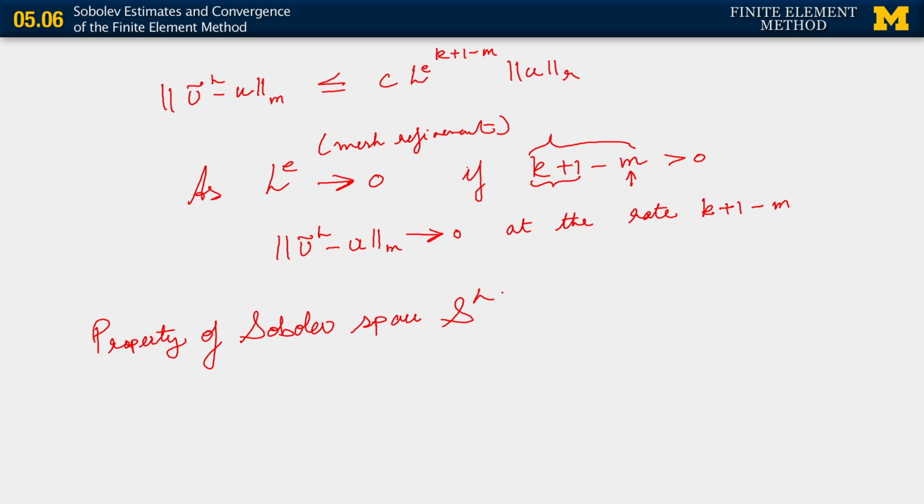And how is it a property of the Sobolev space S^h? Well, that's what determines the polynomial order k, right? That is determined by the space we've picked for S^h. So it says that as long as you pick that to be high enough, and as long as you're not looking for too many derivatives in this interpolation error, it does converge. Okay, no talk yet about the finite element solution. That will come next, in the next segment.